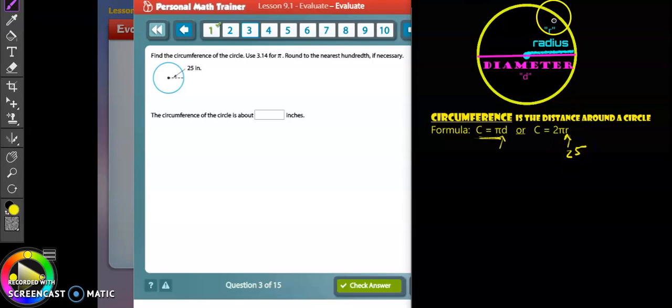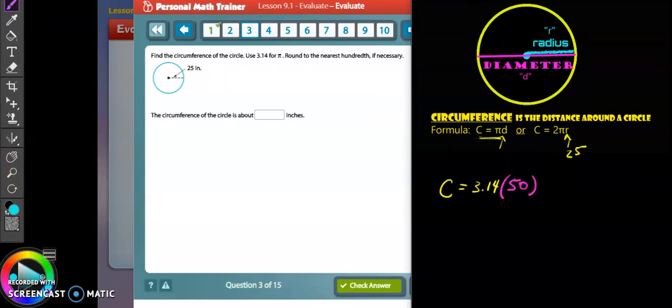If I double 25, it should give me the diameter, because 25 and 25 make a diameter. 25 and 25 make 50. So we know the diameter is going to be 50. We're going to rewrite this: C equals, and they want you to use 3.14 for pi. Now we know the diameter is 50 because the radius is 25.